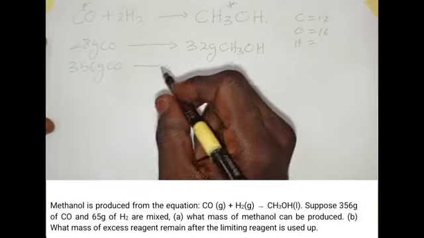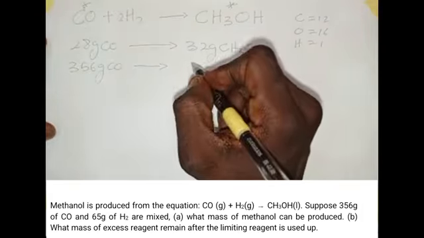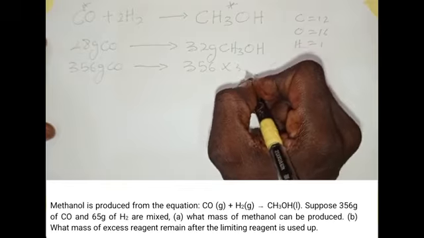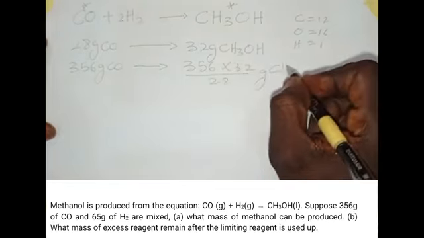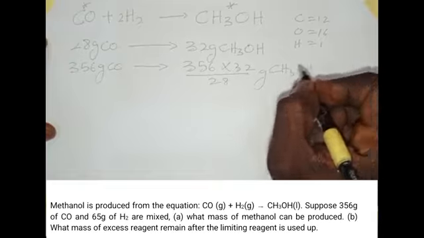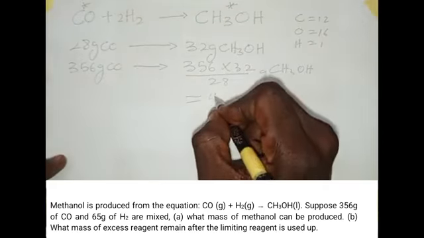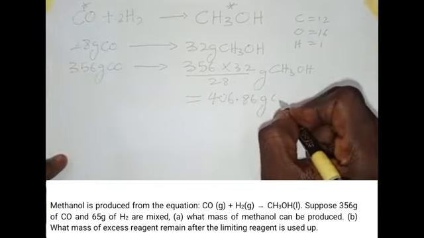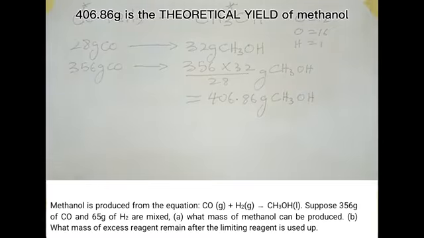We're going to cross multiply. So 356 multiplied by 32 divided by 28 grams of CH3OH. And this is going to give me 406.86 grams of methanol. So this is the amount of methanol that can be produced from this reaction.